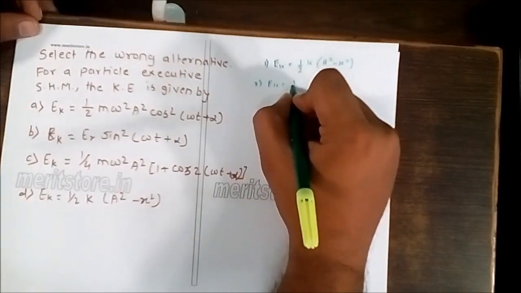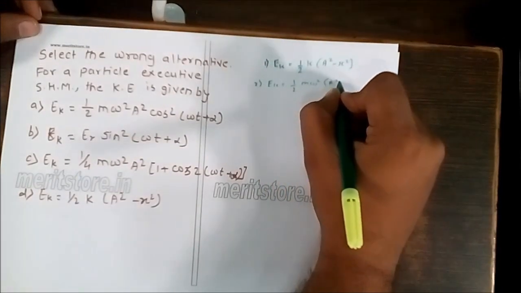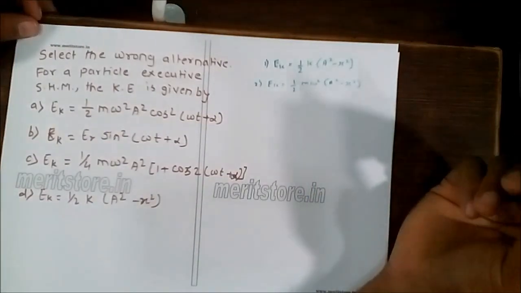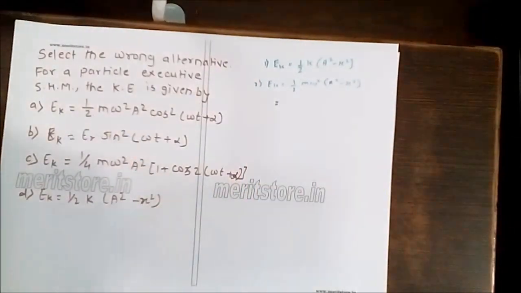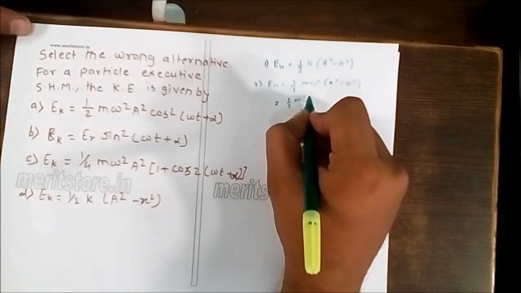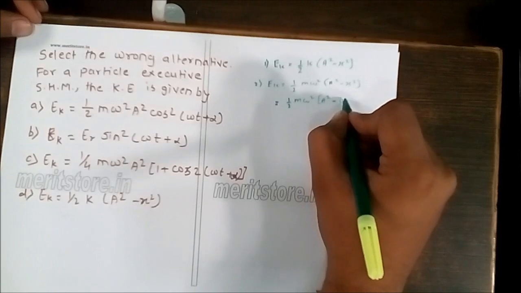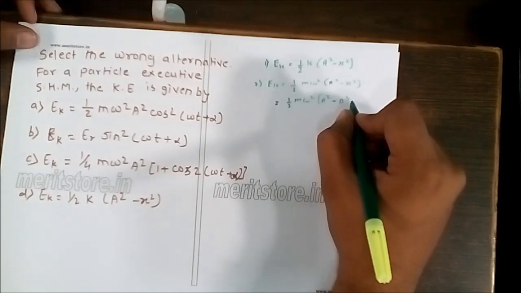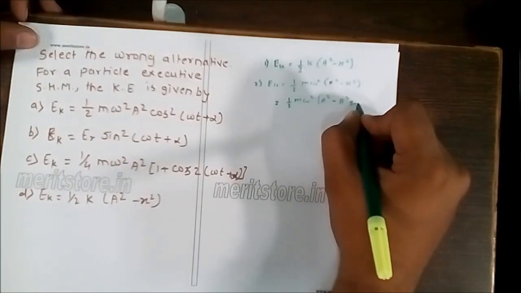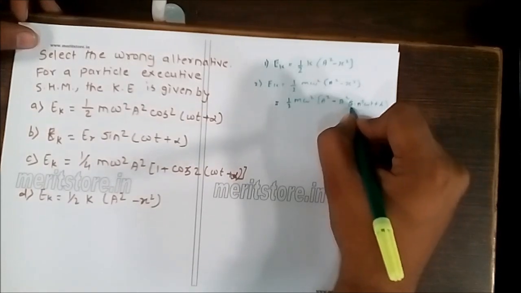If I put k as m omega square, this equation becomes half m omega square a square minus a square sine square omega t plus alpha.